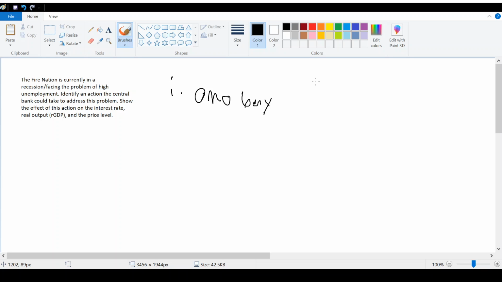The other ones you can do are down discount rate and down reserve ratio RR. But you never do those. You always do this one unless they say specifically, don't do that one.